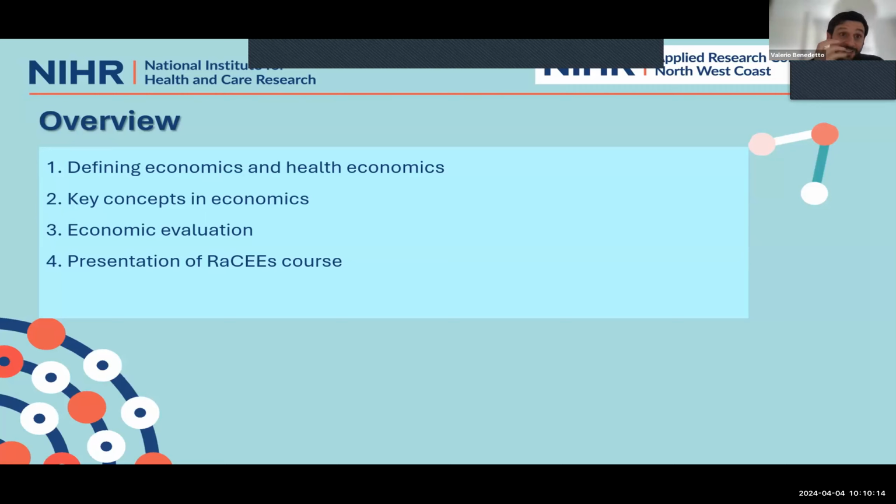And then at the end, last but not least, we've got the presentation of RACE. RACE is the rapid conversion of economic evaluations. As the name suggests, it is going to be part of the RACE program, which I assume many of you will have heard of. And it's a new initiative we are launching from the MIDAS team, and I will talk about this initiative a bit more towards the end.